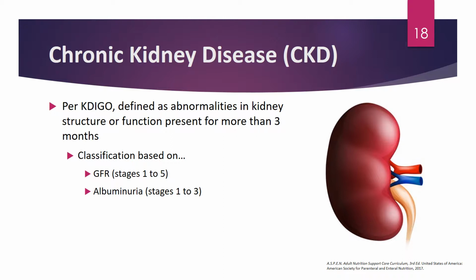And its classification is based on GFR and albuminuria. In terms of GFR, it's staged from stages 1 to 5. In terms of albuminuria, it is staged from stages 1 to 3. I don't want you to necessarily know about these stages. I just want you to know that the classification is based off of GFR and albumin presence in the urine.